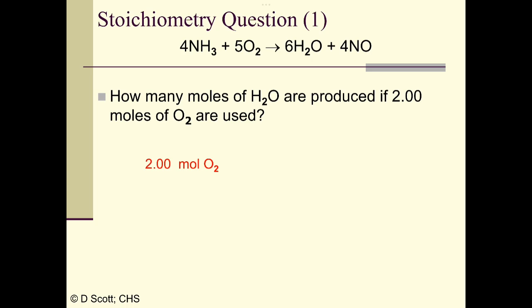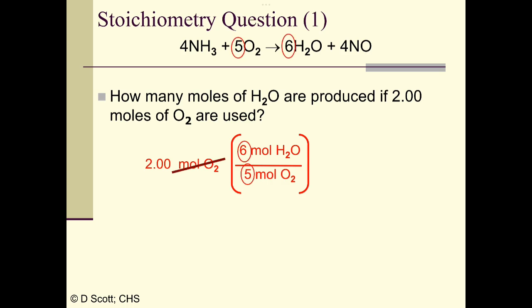You have 2 moles of O2, followed by, for us to be able to cancel out the mole of O2 because we are looking for the moles of water, the coefficient of 5 moles of O2 and 6 moles of water.